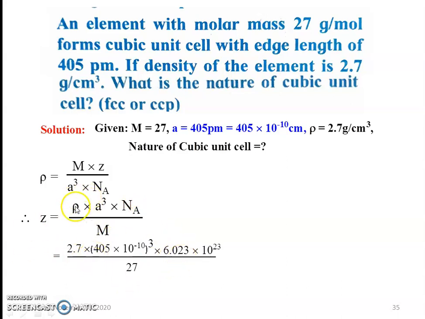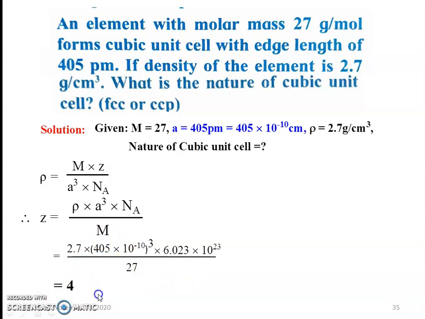Substitute the values. Density is given, 2.7. Value of a is also given, 405 into 10 raised to minus 10 cube. This is for a cube. And Avogadro number is also known, 6.023 into 10 raised to 23 upon 27, this is the molar mass. When we solve this, it comes 4.